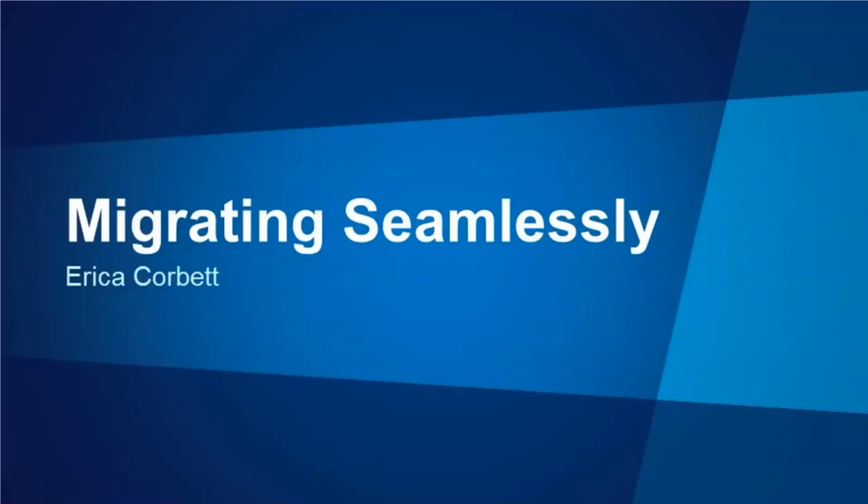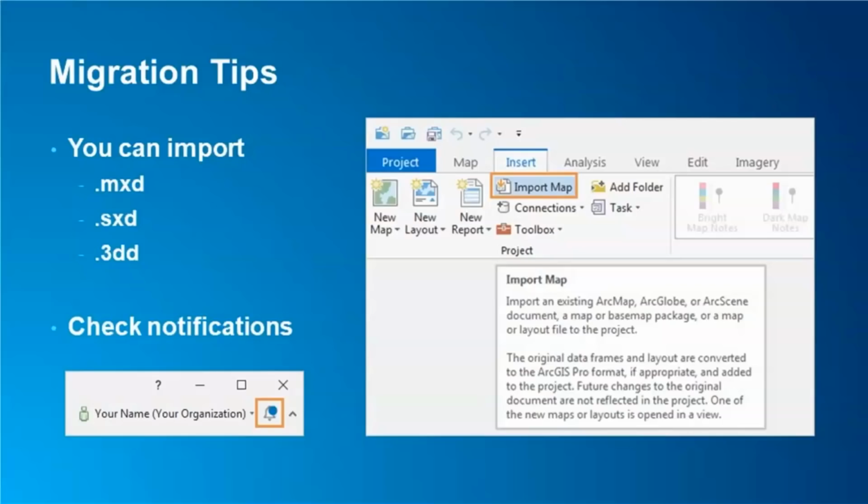Awesome. So let's see how easy it actually is. I'm going to go through some tips here. Immediately, you can start to import your MXD documents. You can bring in your maps, scenes, layouts. It's pretty straightforward. Your scenes, which were the SXD file extension, or the globes, which were the 3DD extension, right into your ArcGIS Pro project within the Insert tab on the ribbon.